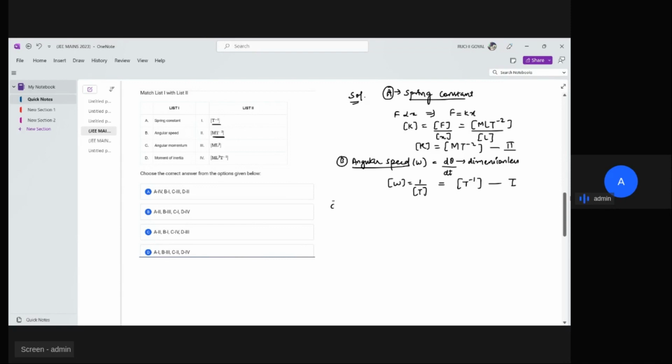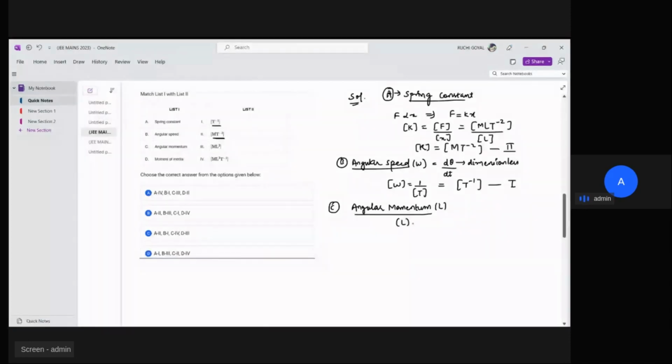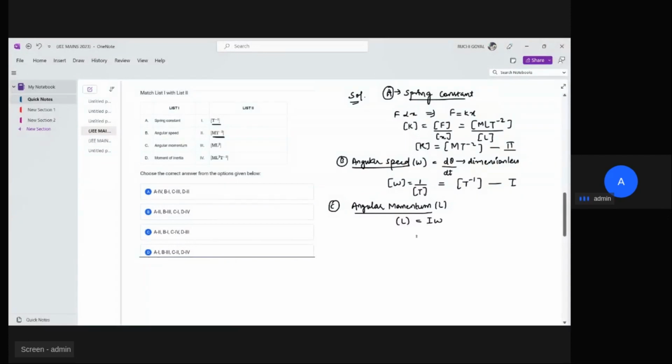Now the third quantity is angular momentum. How do we denote angular momentum? By L. Right? So angular momentum L is the product of moment of inertia and the angular velocity, I into omega.